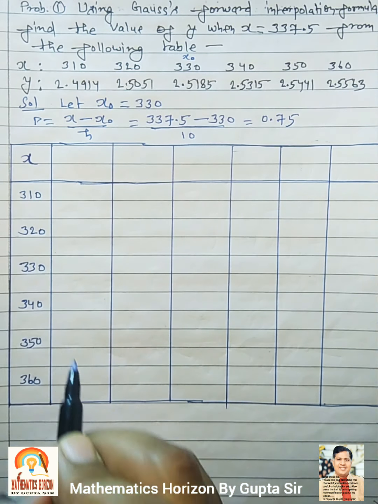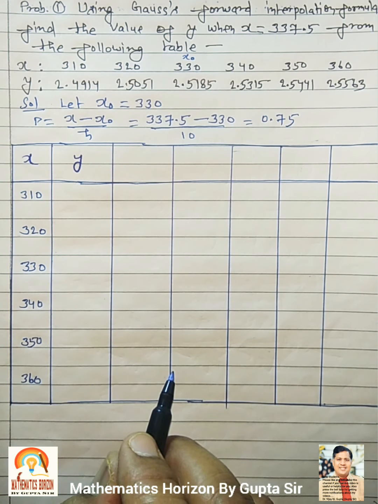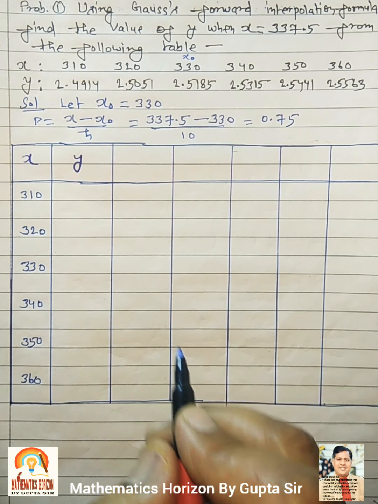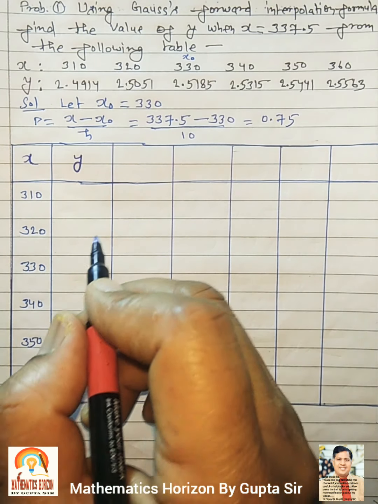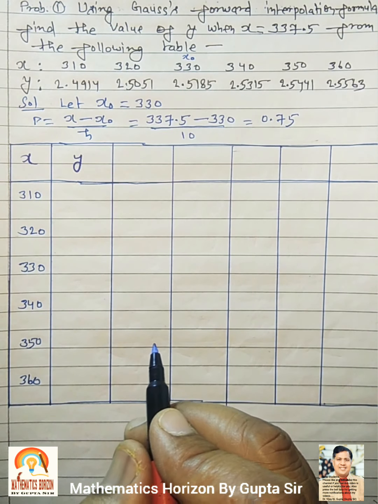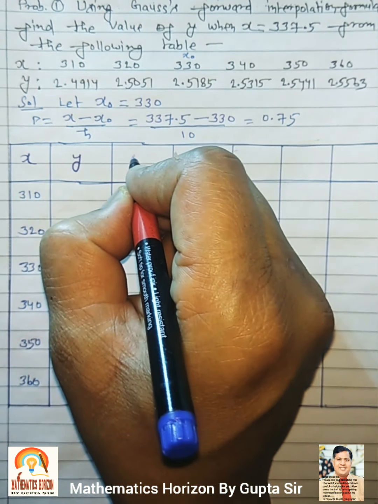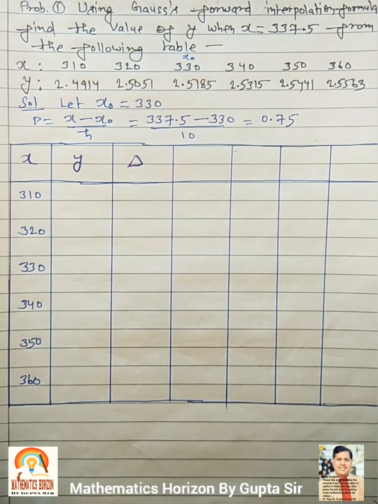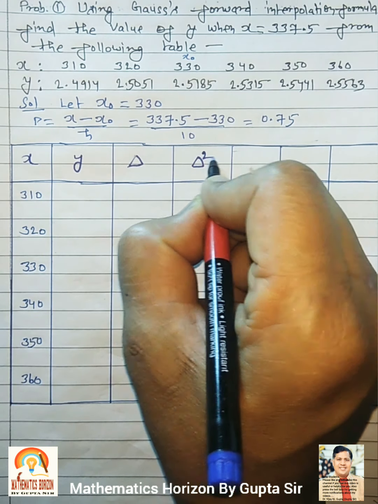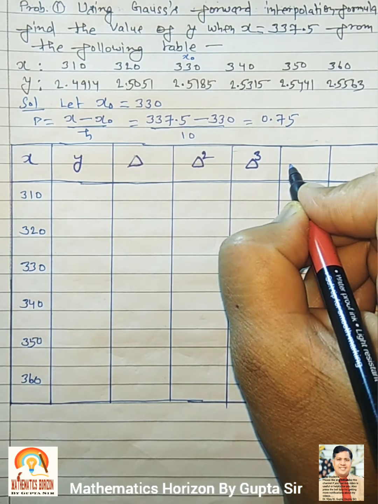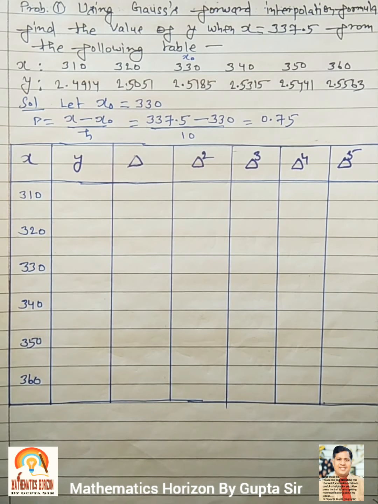Here we have x, here we have y, here we have differences of first order. Suppose differences of first order, differences of second order, central differences of third order, fourth order and fifth order.